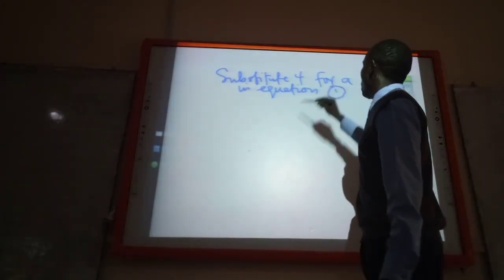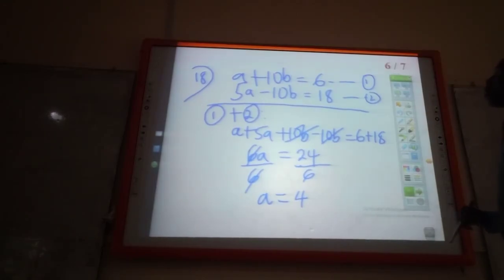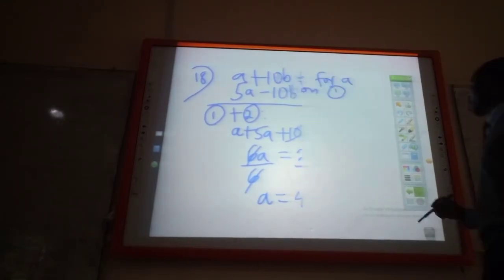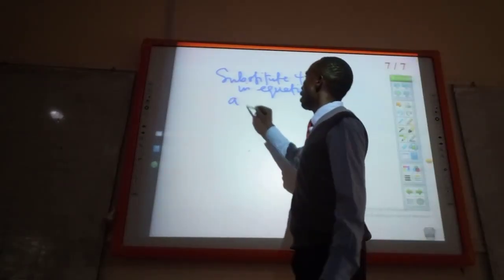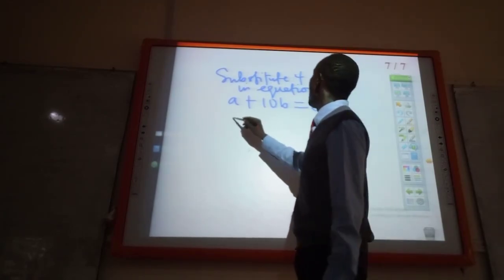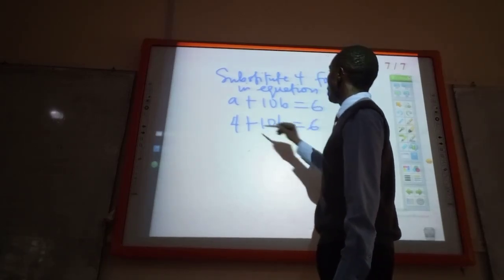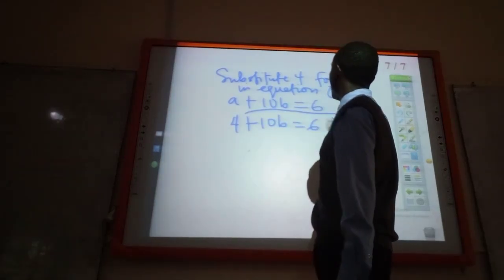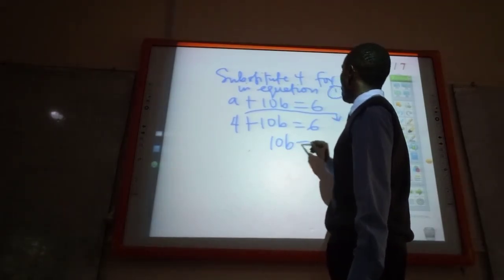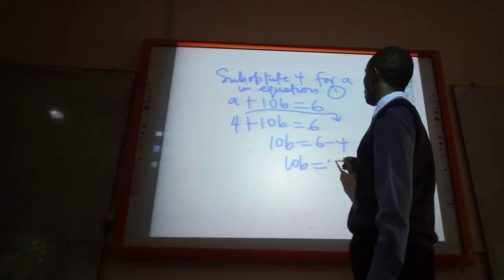Let's use equation 1. It doesn't matter, we can use any of the equations. Equation 1 is A plus 10B equal to 6. So A plus 10B equal to 6, and our A is 4. 4 plus 10B equal to 6. If I move this to the other side of the equation, I have 10B equal to 6 minus 4, which will give us 10B equal to 2, right?